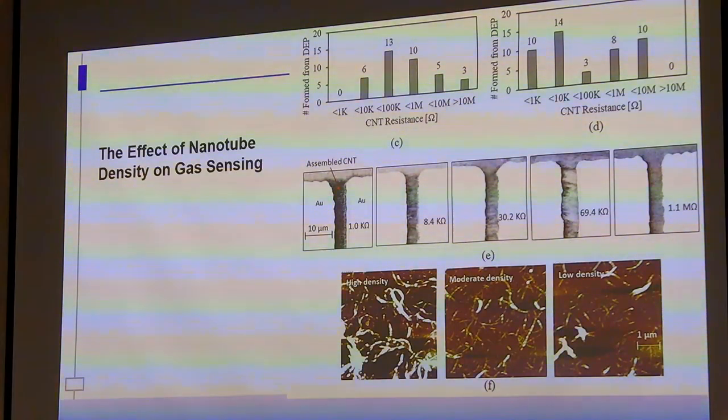Here you see the resistance: 1 kilo ohm, 8.4 kilo ohm, 32 kilo ohm, 69 kilo ohm, and 1.1 mega ohm. This is the resistance of the carbon nanotube network based on the density. So the higher the density, the lower the resistance.